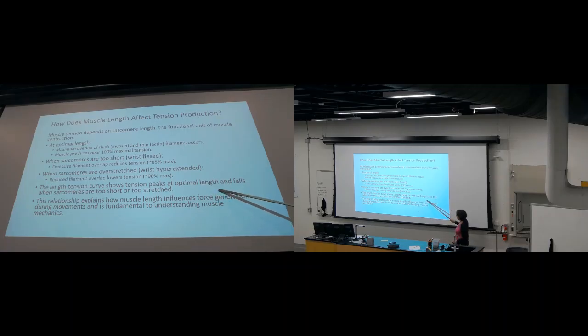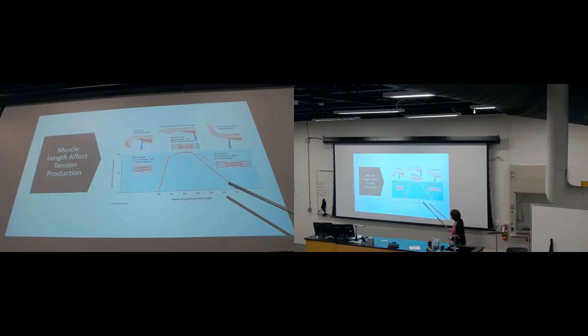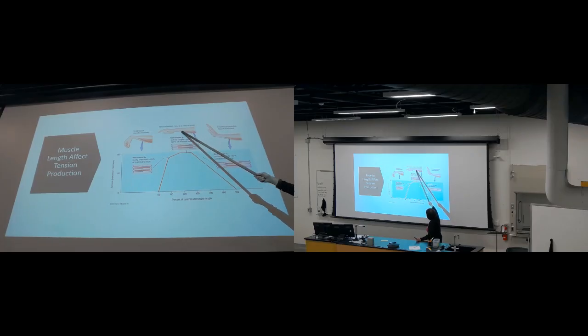So there is a curve that shows you that the optimal tension length can fall when sarcomeres are too short or too stretched. And this can be illustrated like this. So here you have this muscle, which is in the posterior area, in the posterior compartment of the forearm, an extensor. So let's call this situation, when you have your wrist extended at natural length, your maximal tension.